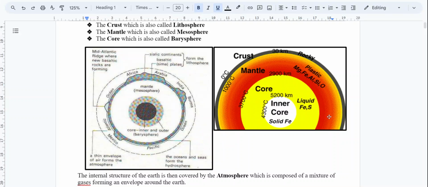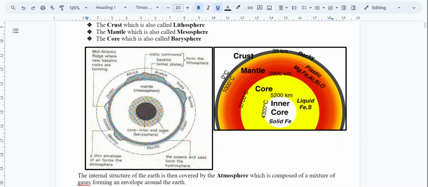And we have the outermost part that we as people sit on. This is the crust. The crust includes all the rocks we see and the soil we sit on.